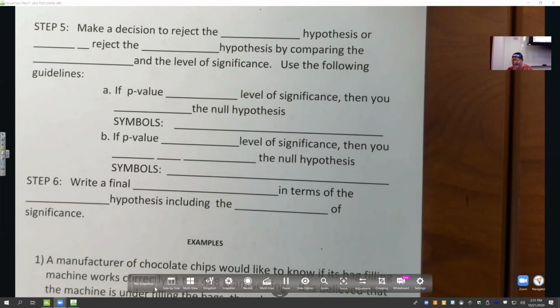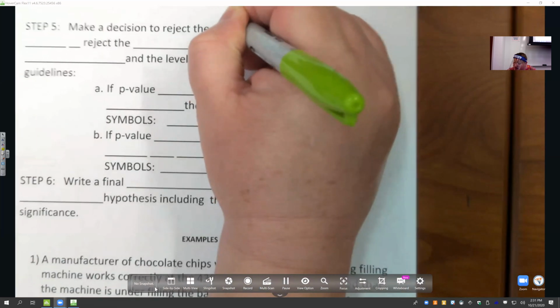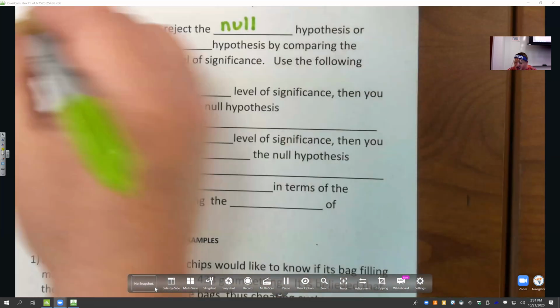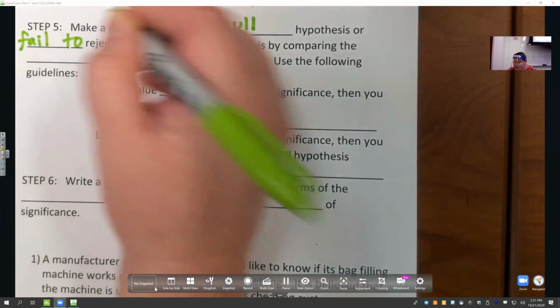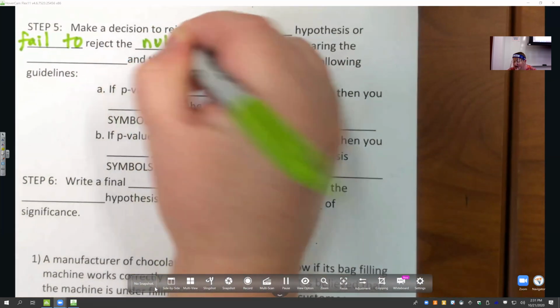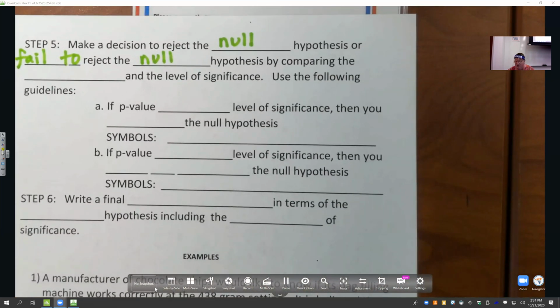Now, here's the phrasing. We make a decision to reject the null hypothesis or fail to reject the null hypothesis. Now, guys, those phrases are important, and I want to talk about that for just a minute.